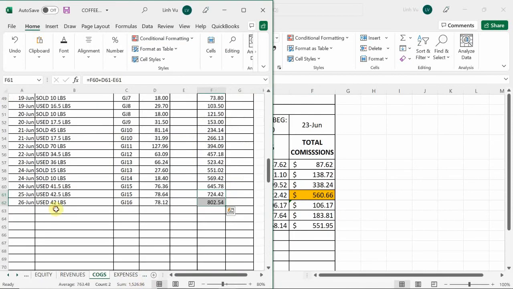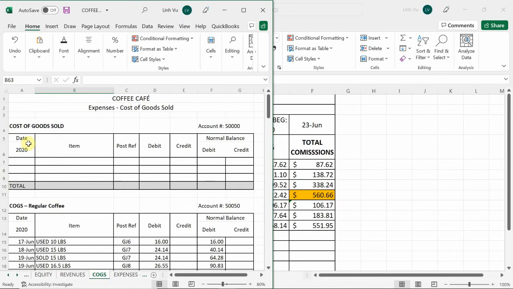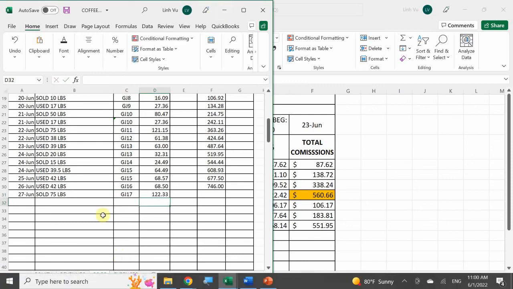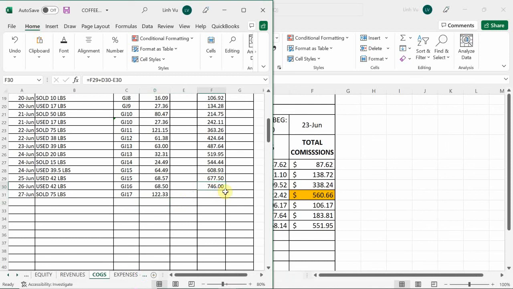Starting with the cost of goods sold, we sold 75 pounds. General Journal 17, because we're on the new page here, for a total of $122.33. And that increased my account to $868.33.